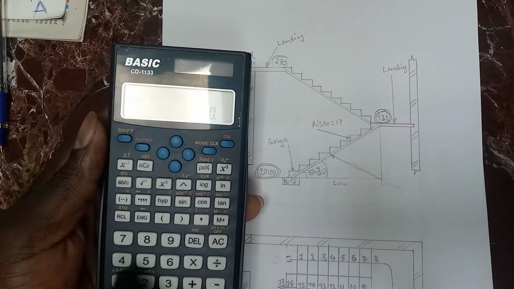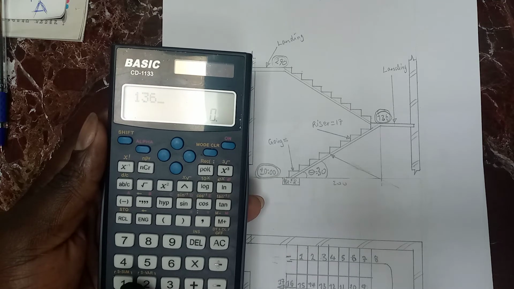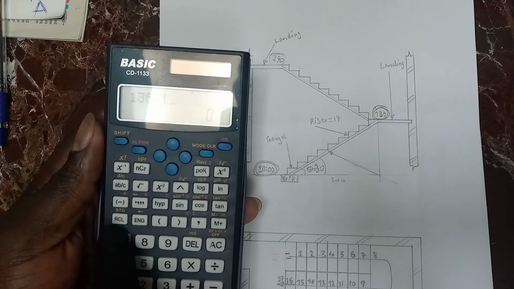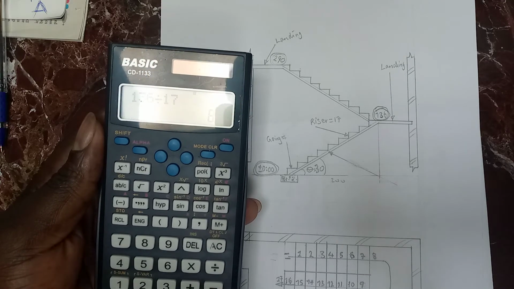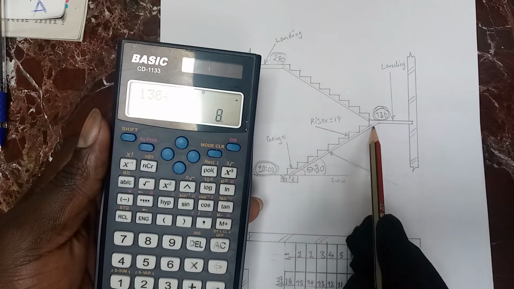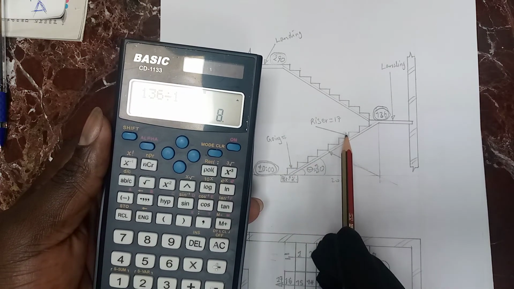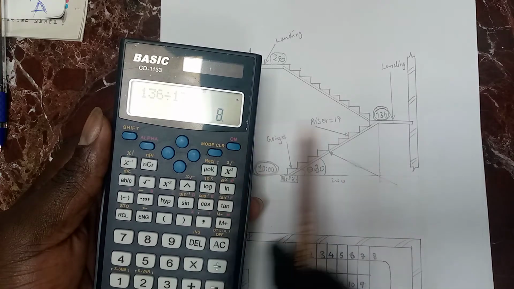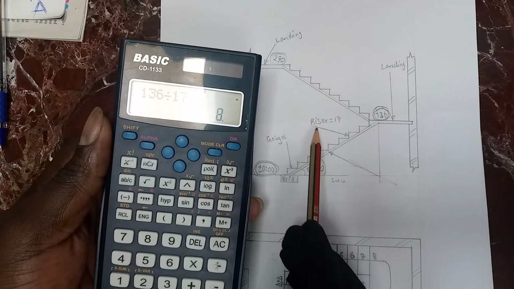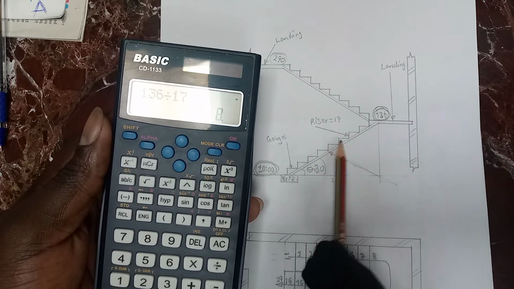You just use this level, which is 136 divided by 17. This is equal to 8 risers. It shows that this first flight has 8 risers. If you want to know the number of goings, you just use the number of risers minus 1. It's going to give you the number of goings.